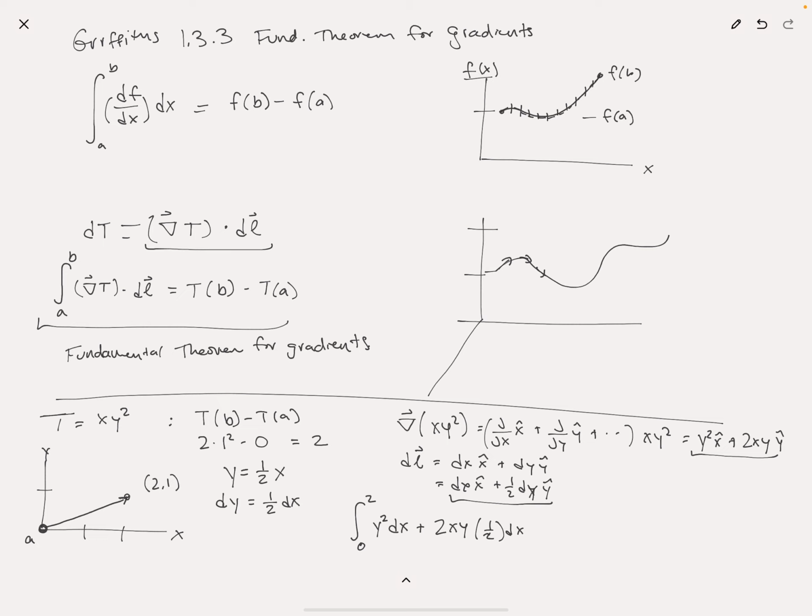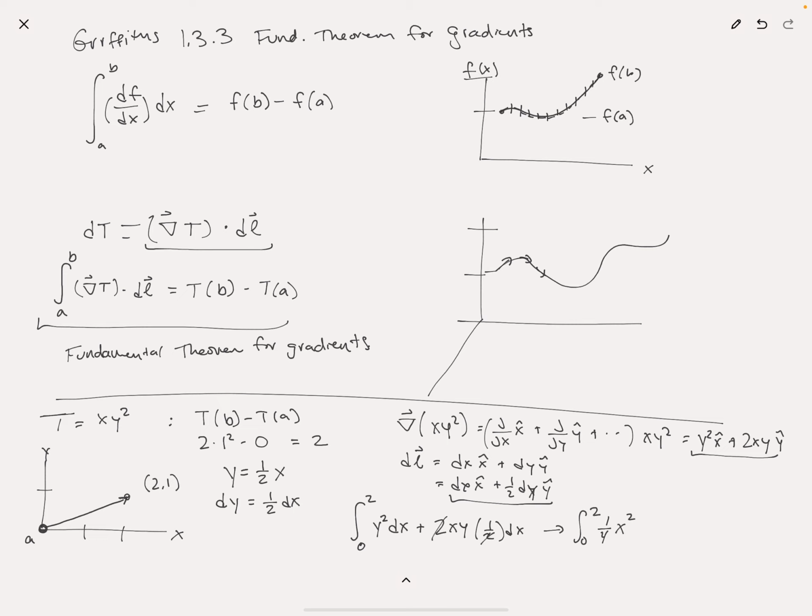Now we need to go ahead and replace the values for y. So y is equal to 1/2 x. That means I go from 0 to 2. y squared is 1/4 x squared.